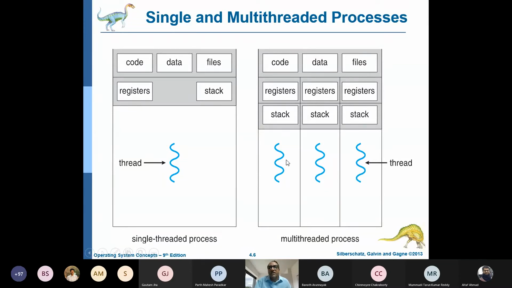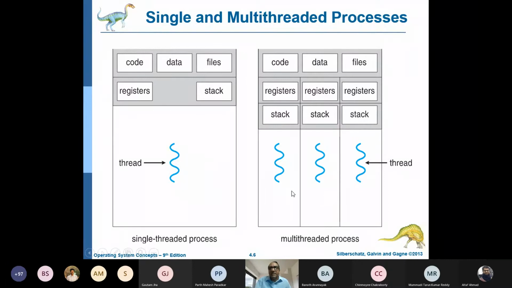Likewise, each thread requires these. So in a multi-threaded process, the thread-specific resources are a specific stack and a specific register set to maintain its environment, whereas all remaining resources are shared by the threads.